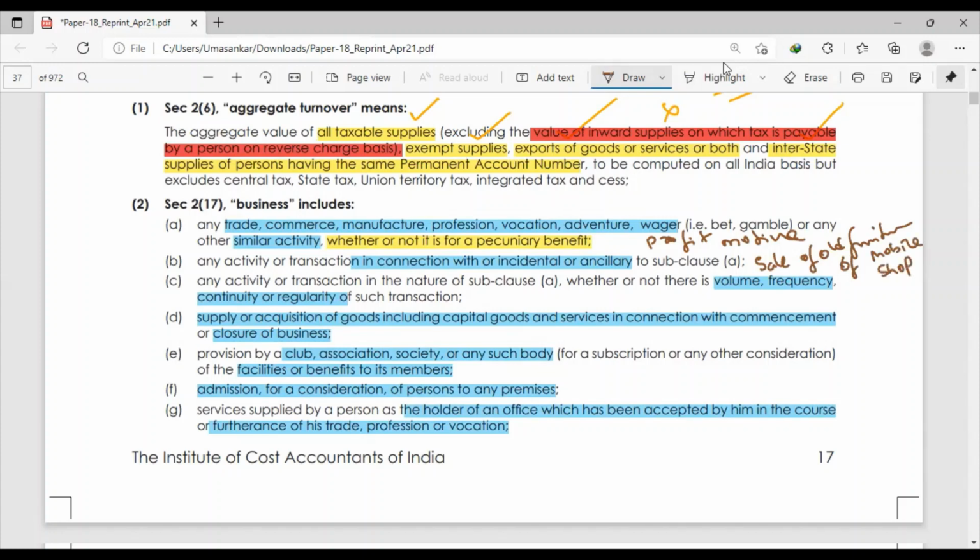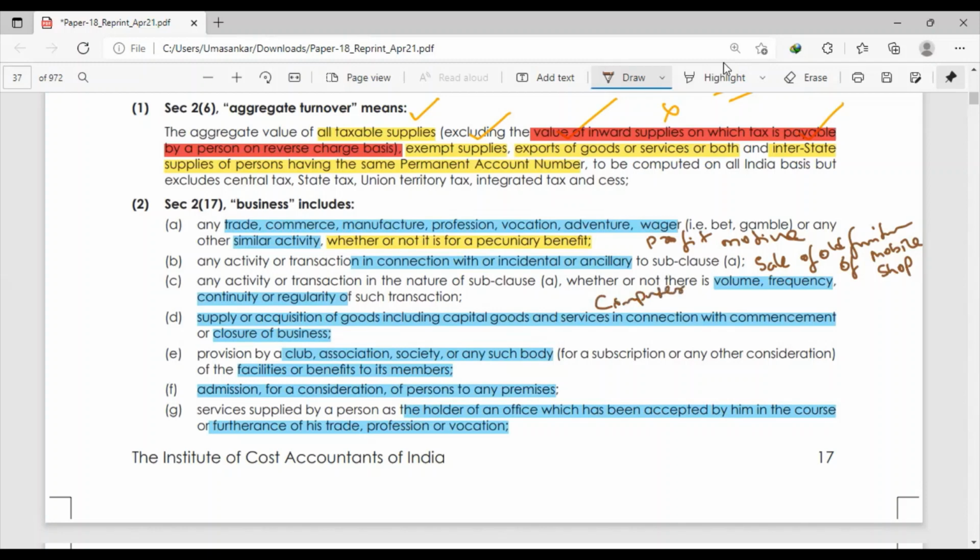Next point. Any activity or transaction in the nature of subclause A, whether or not there is a volume, frequency, continuity or regularity. For example, occasional transactions are also subject to tax. For example, a trader of computers also providing consultancy services. I am selling computers.